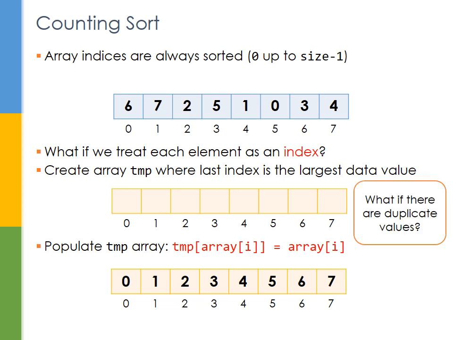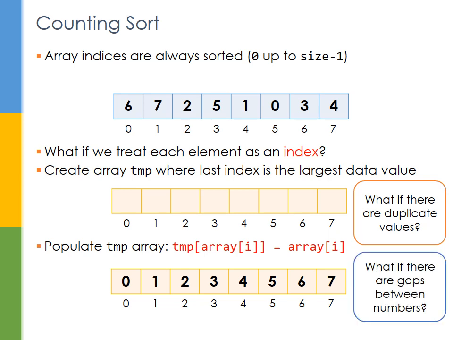So there are two outstanding questions at this point. What if there are duplicate values within our unsorted array? How do we deal with those? And secondly, what if there are gaps between numbers? In other words, numbers do not just increase by 1 from the previous value. There are potentially larger gaps between subsequent numbers.